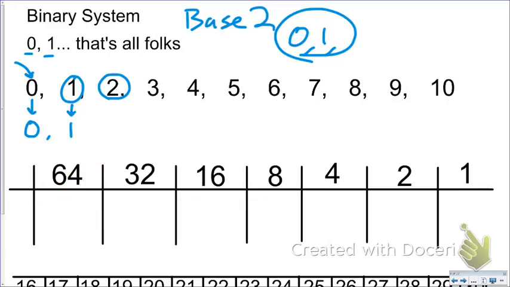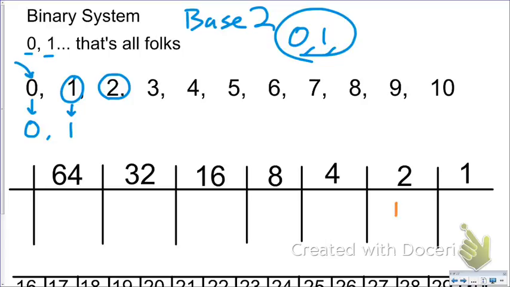Okay. So as you're looking at this, I can go up to 1 item in a group of 1. But once I get 2 items, 2 of something, let's say I've got 2 sticks, that is going to be regrouped and brought over here into one group of 2. So that will go away.